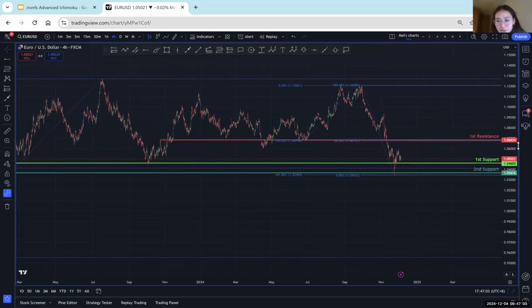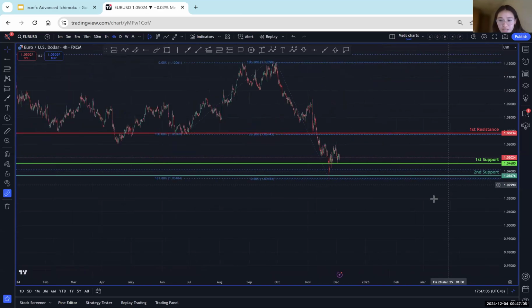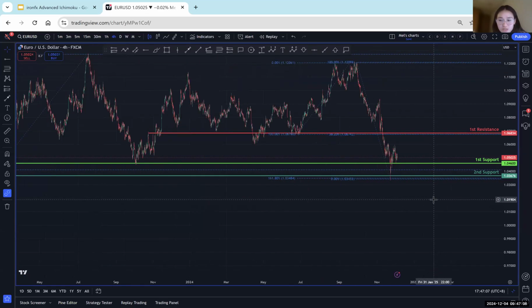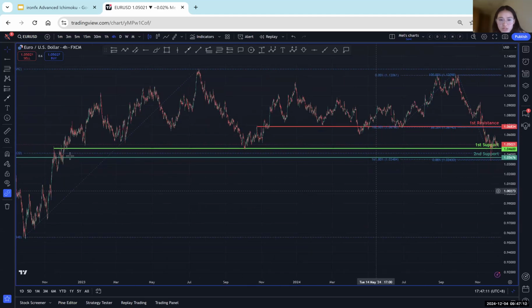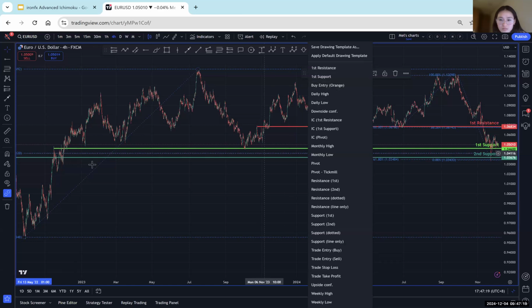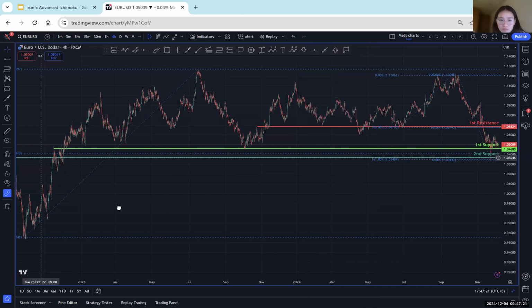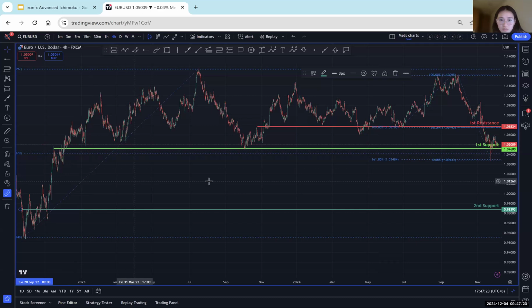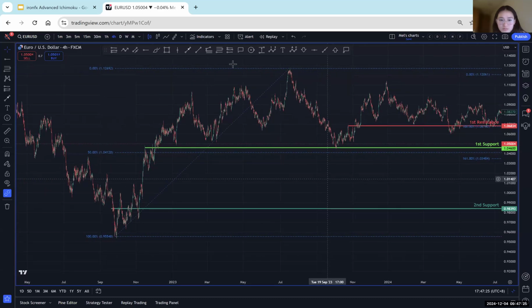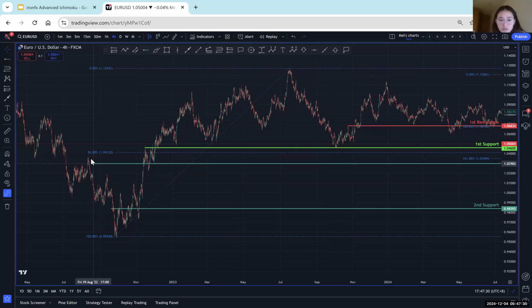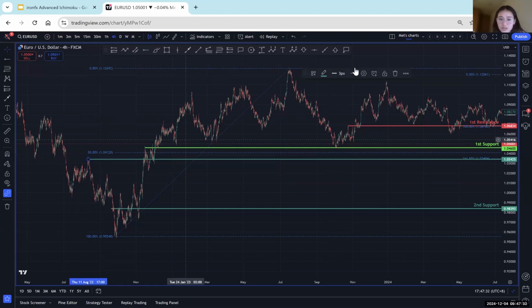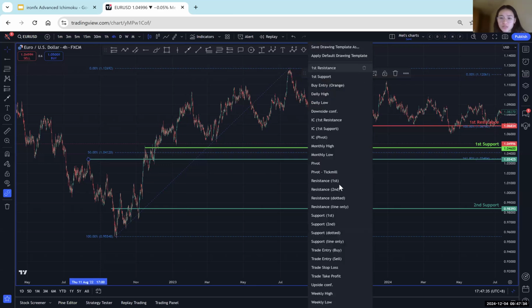Okay, I'm just thinking because second support and our first support is kind of close together. So I think I might make our second support an intermediate level instead, and then place another level there. Okay, because overall it is a downtrend, so that is the position that we are going to take.